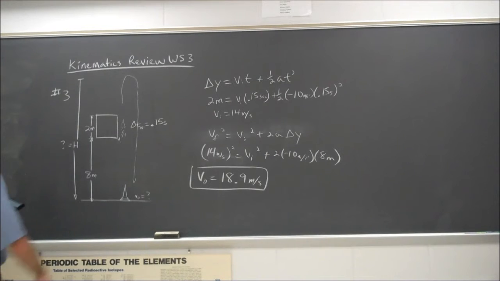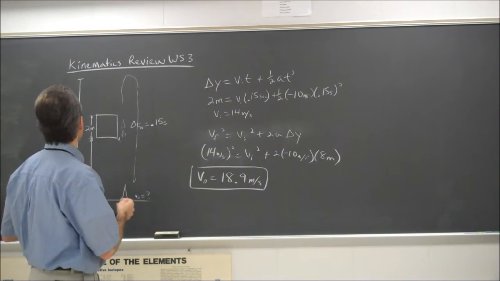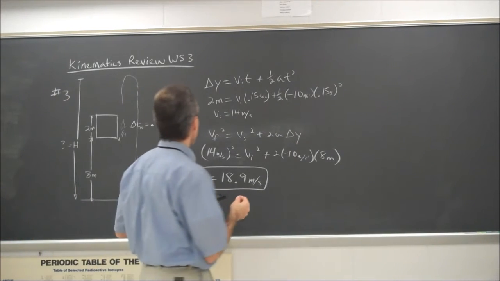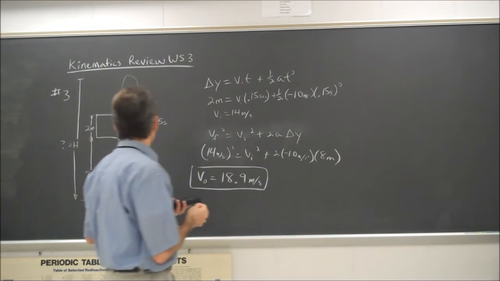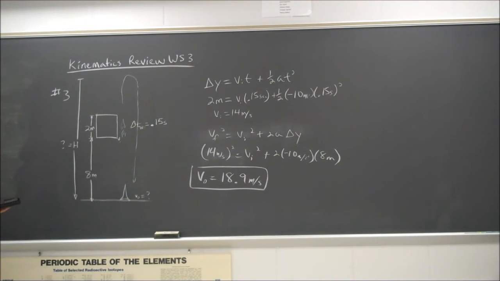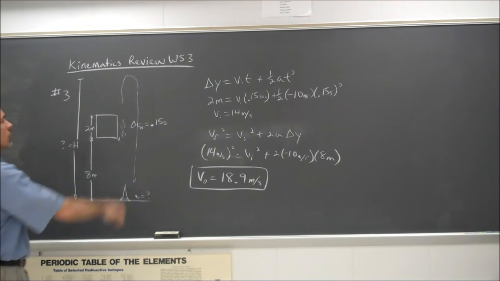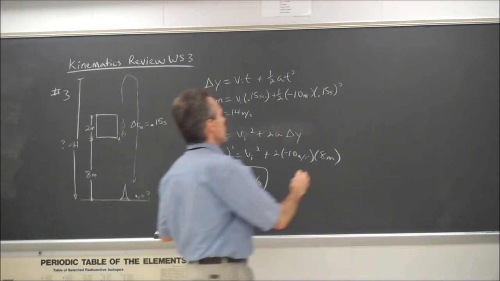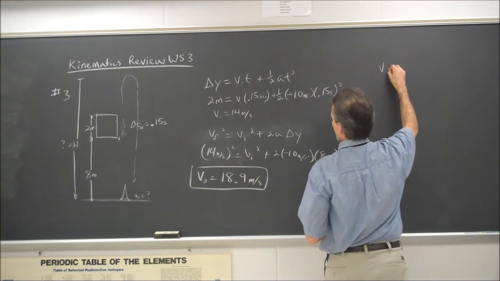The other question is how high it goes. Well, now it's actually pretty easy because now I can just simply do kinematics on that to figure out that answer. And if I note the initial velocity here is 18.9, I know the final velocity at the top would be 0. I know the acceleration is negative 10. So I'm going to use that same equation again.